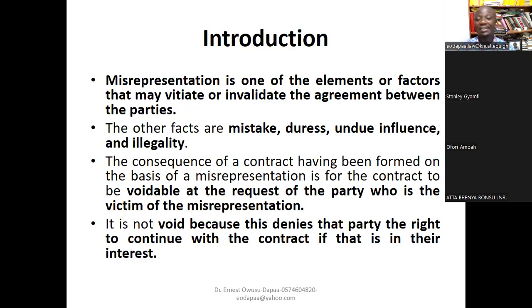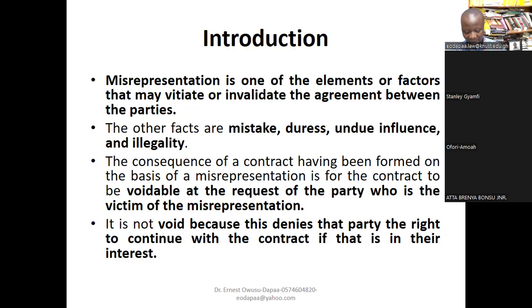Voidable means that in the eyes of the law, the contract is valid for the time being, but at the instance of one of the parties who is affected, the contract could be set aside so that it will no longer be treated as a valid contract. So a voidable contract, if you like, has what they call a temporal validity. For the time being, it is valid, but its validity does not last, since it can be taken away at the instance of a party who is affected by it.